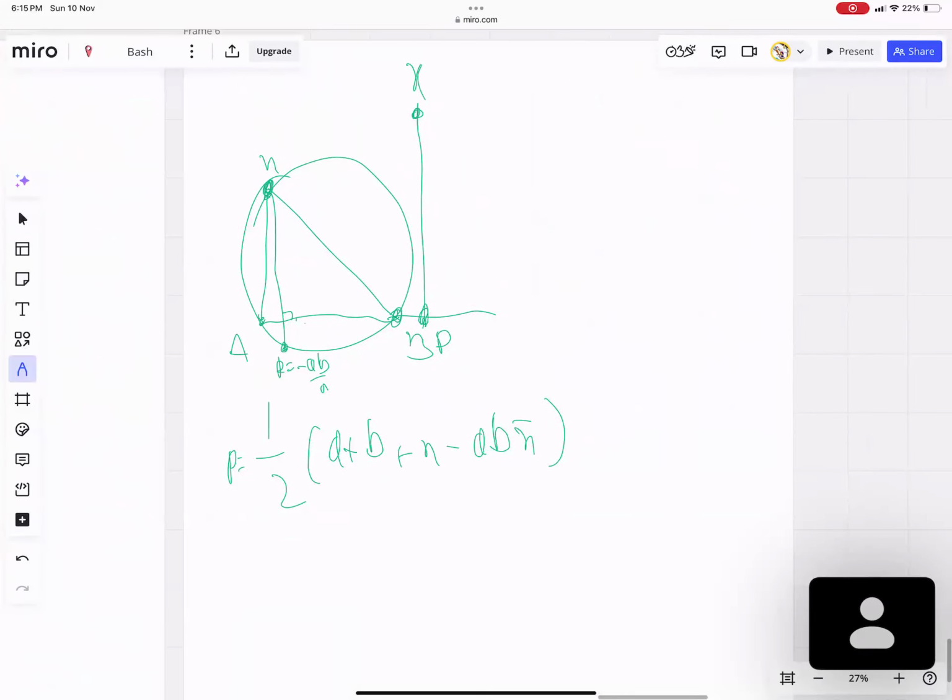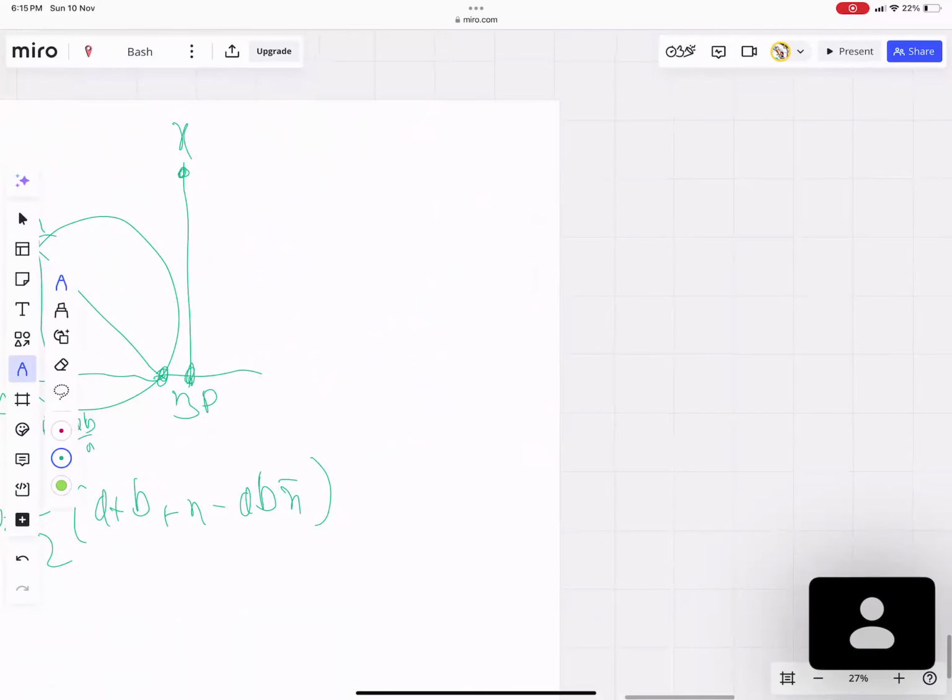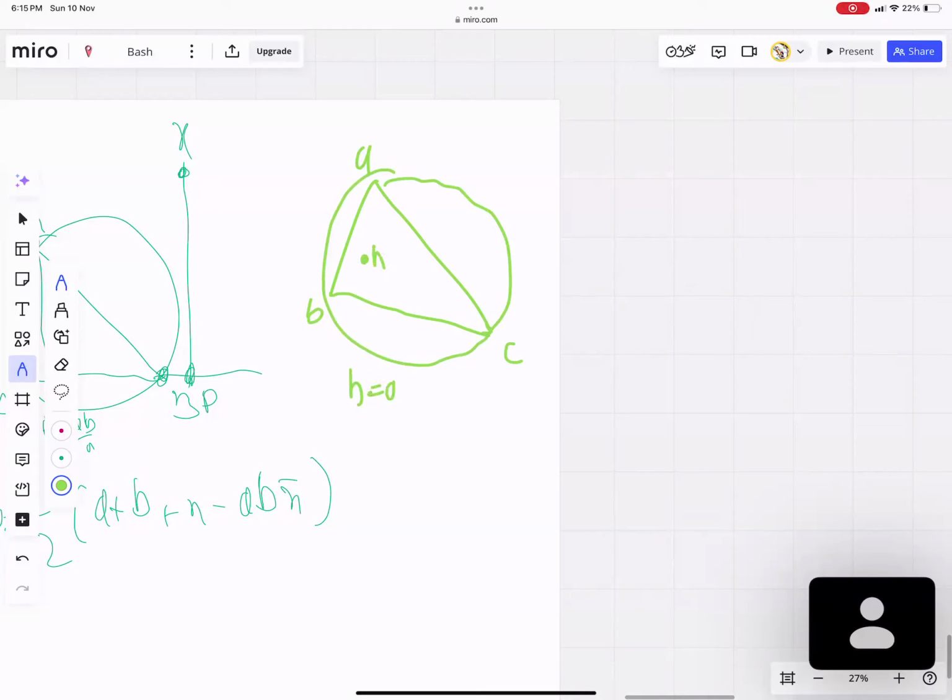Also, I forgot to mention one theorem, which I will prove later on. Let's say you have A, B, and C, and these points are on the unit circle. Then the orthocenter of these points, H, has coordinates H equal to A plus B plus C. Is that fine with everyone? I'll prove this later.